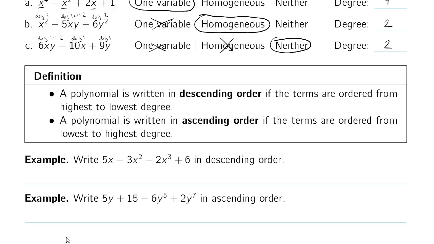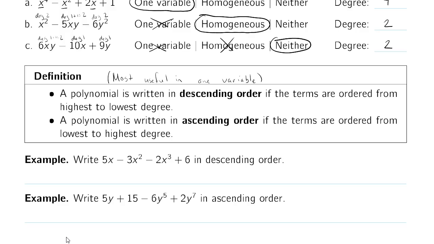A polynomial is written in ascending order if the terms are ordered from lowest to highest degree. And notice that this is most useful with polynomials in one variable, since if we can't combine like terms, then every term has to have a different degree.